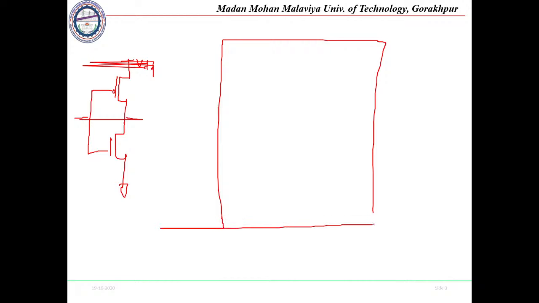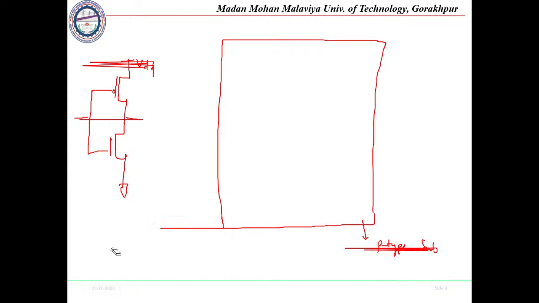Once you use any particular tool, either Cadence or Mentor Graphics, a window will be there. Inside this window, we will be designing NMOS and PMOS, and we will be making the connection. So this complete window, what you are seeing, is considered to be a p-type substrate.